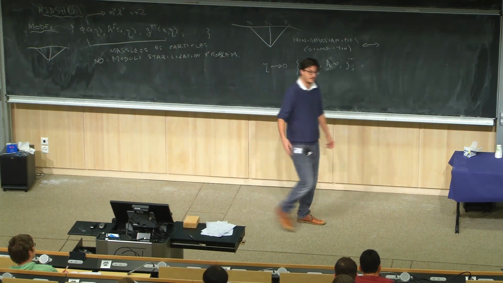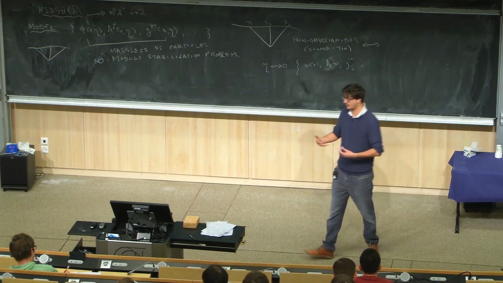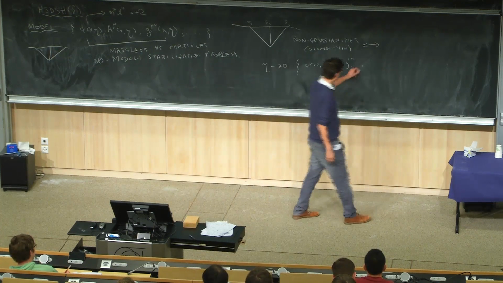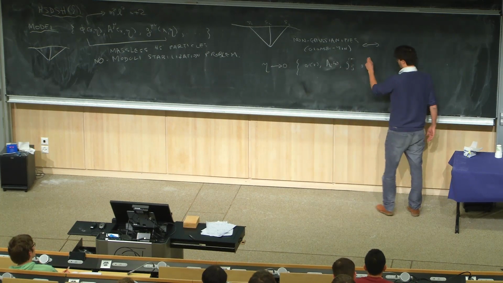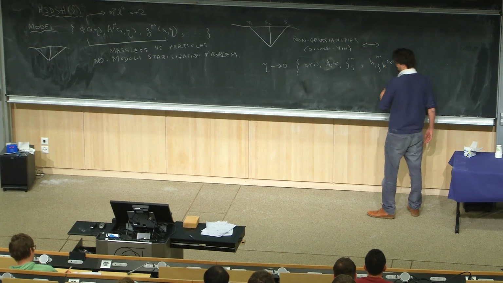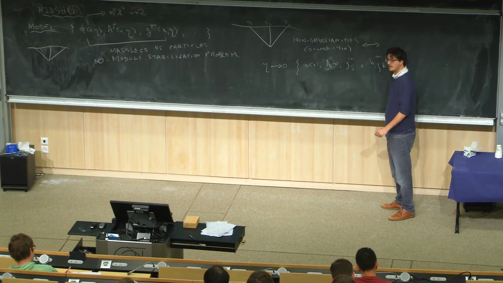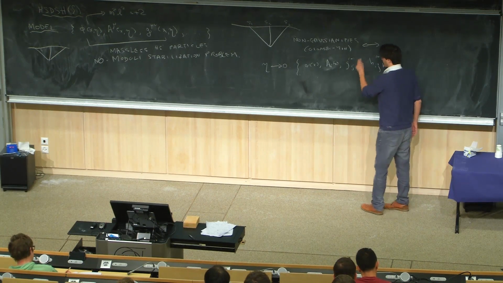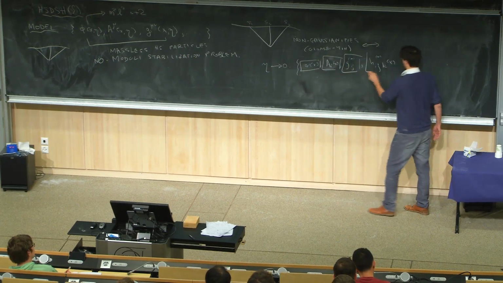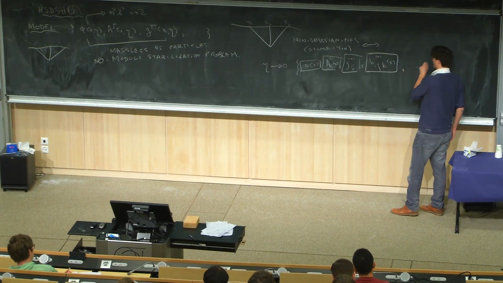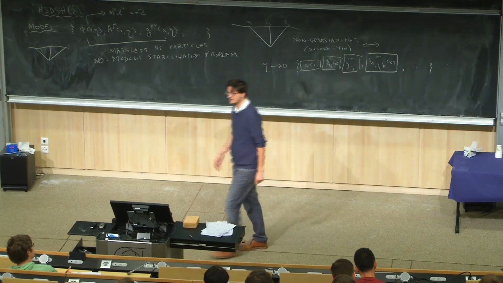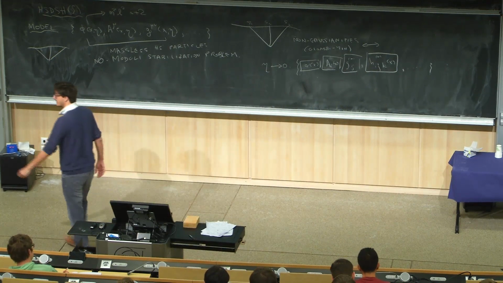So Fronsdal, many years ago, wrote down the free equation of motion for these higher spinning particles, is a collection of objects that transform nicely under the conformal group, okay, that look essentially like sources for conserved currents in a CFT, okay?